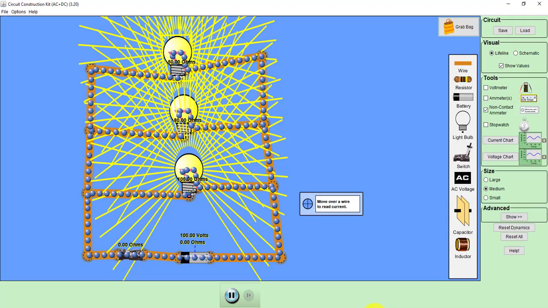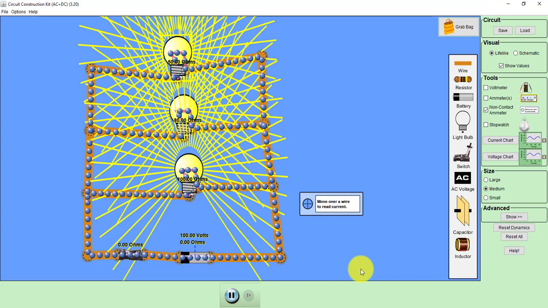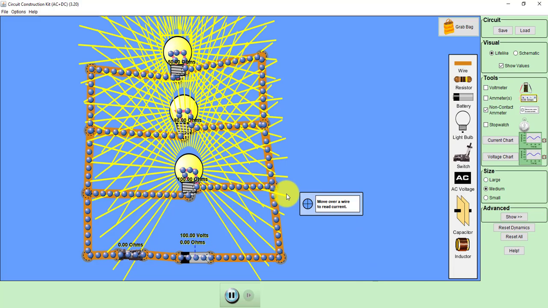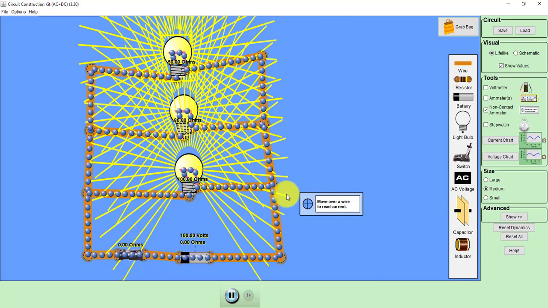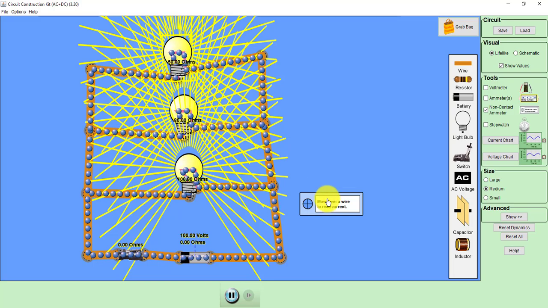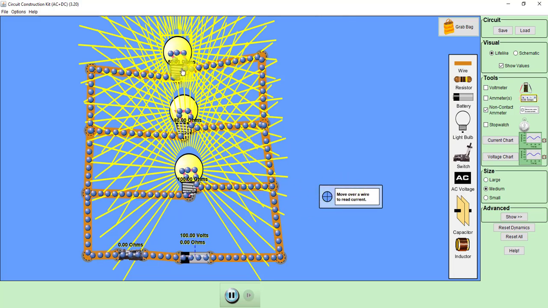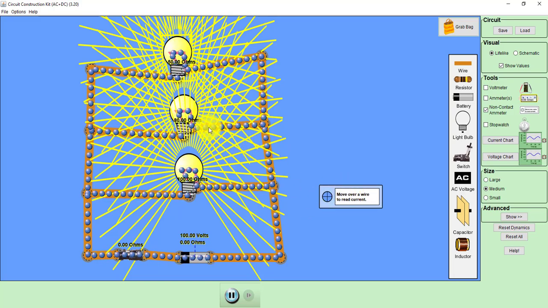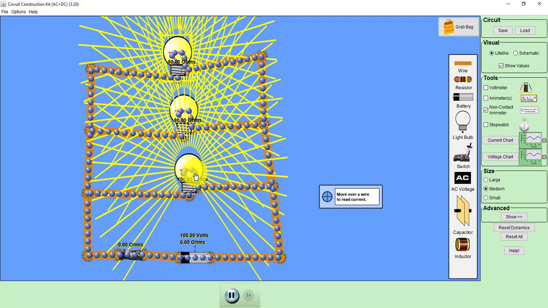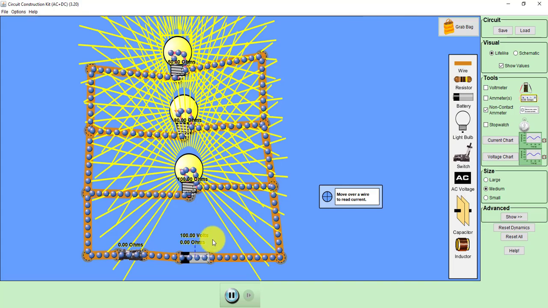Coming to the next characteristic number 5, which says that total power dissipated in a circuit is equal to the sum of power dissipated by each resistance. So what we need to verify here, we have to calculate power taken by each bulb. If I add power taken by each bulb, that will be the total power dissipated.